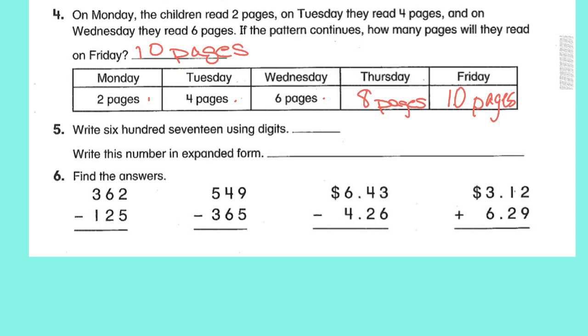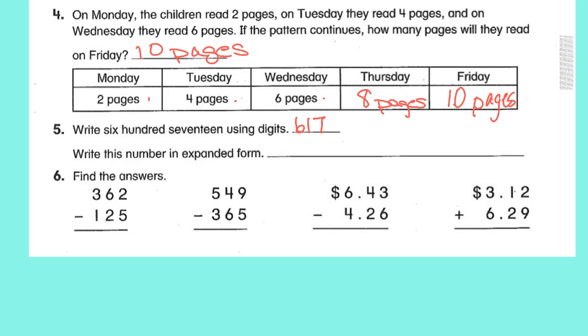Number 5, write 617 using digits. What would we write? Think about it. 617. So we need to write this number in expanded form. How should we do that?